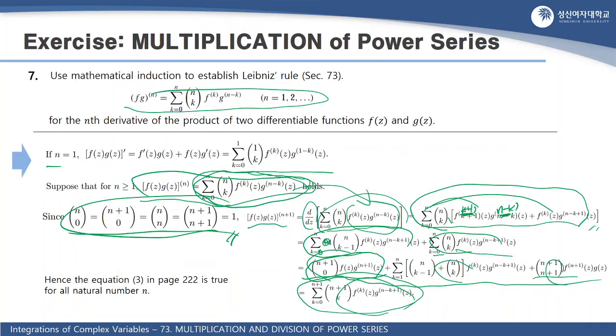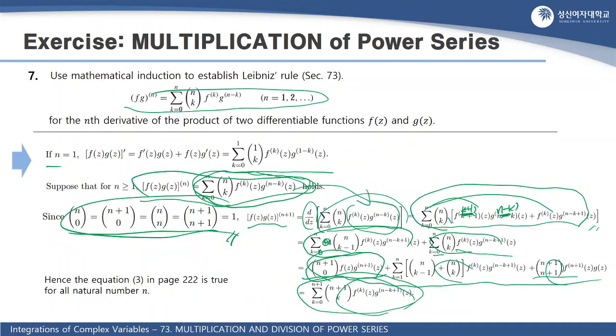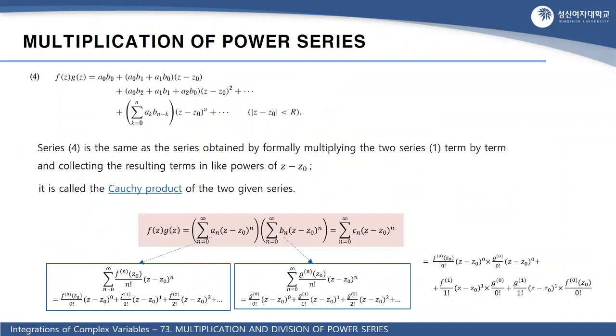In the previous part, we showed that we can straightforwardly derive the coefficient c_n for the Taylor series of the product of f(x) and g(x). So we get this result.